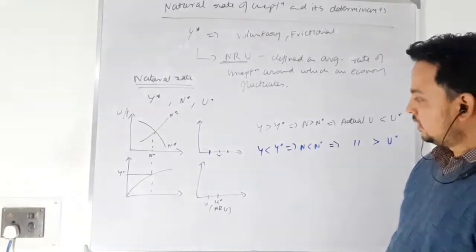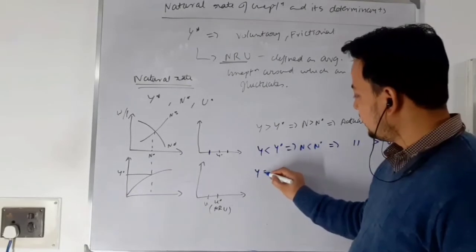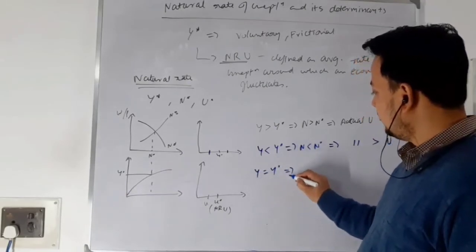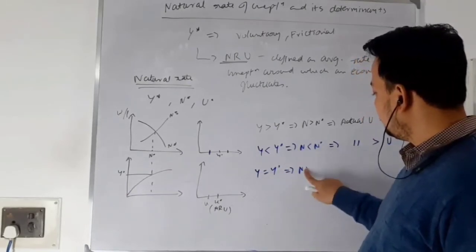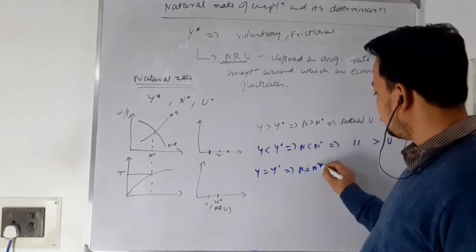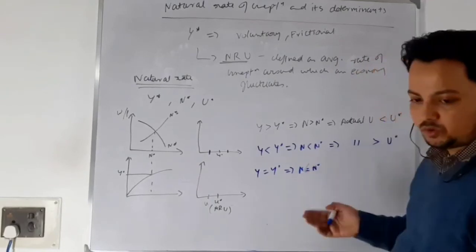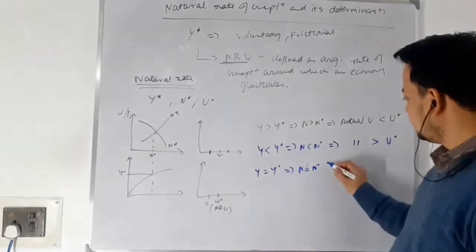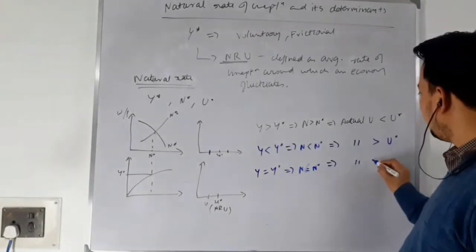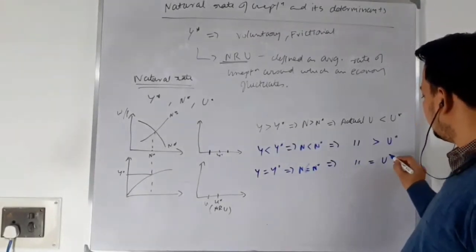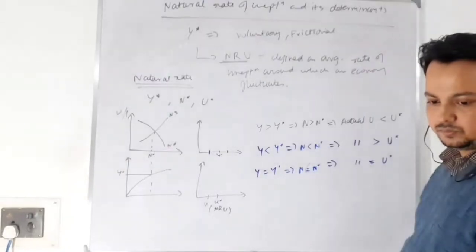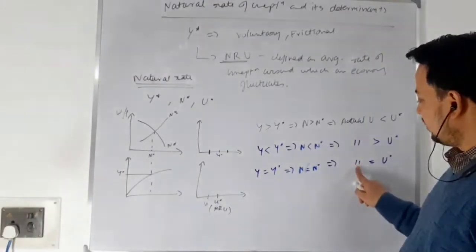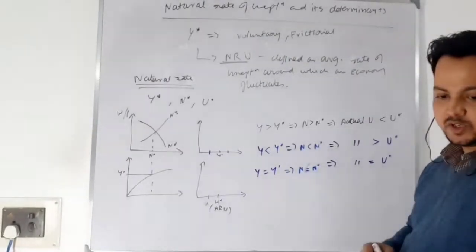Clear? It is only when your actual output is equal to full employment output that your employment will be equal to your full employment of labor force. And here your actual unemployment will be equal to the natural rate of unemployment.